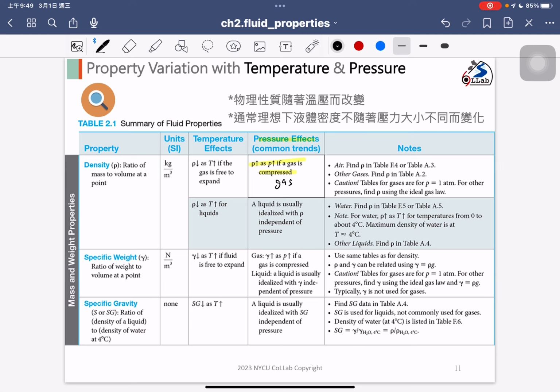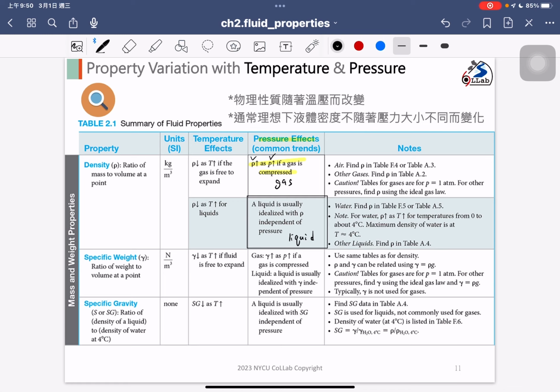And we know that when the pressure increases, the density also increases. It's the same condition compared to the previous slide exercise. But the most important thing here is this portion, which is for the liquid. And for the liquid, it's usually idealized with the density independent of pressure. That indicates we may say the liquid material cannot be compressed.